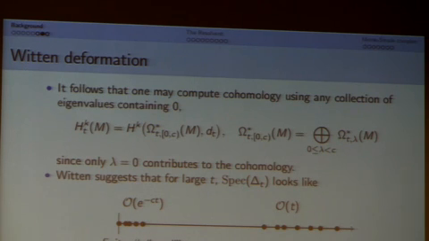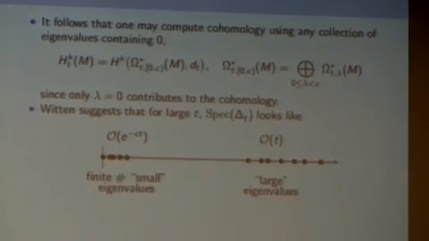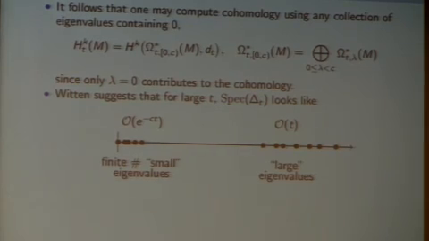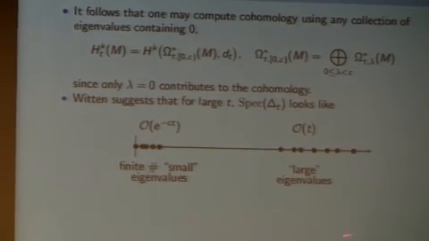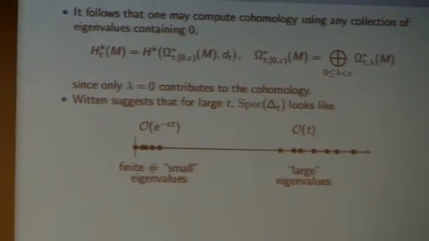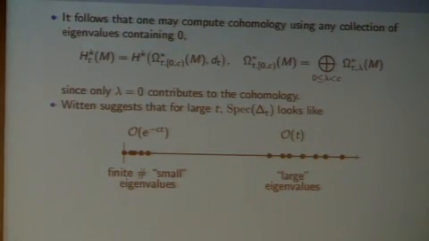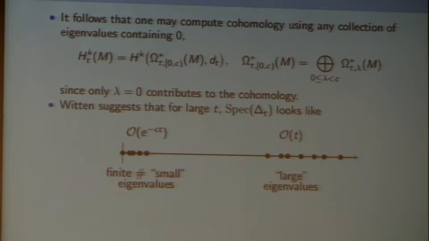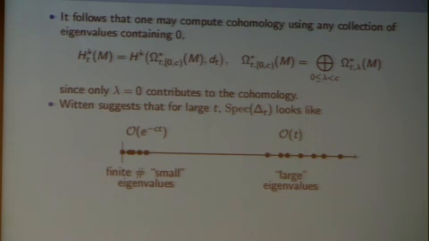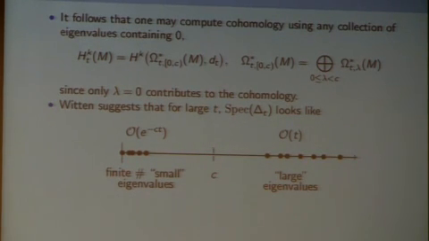And now Witten points out that for large t, the spectrum does something very interesting. It splits into a large part, which we're going to call large eigenvalues, which are going off to infinity asymptotically in t. And then there's a finite number of small eigenvalues which are approaching 0, in fact exponentially fast. So in particular, for large enough t, there's a gap that forms here, and I can pick a constant that lies inside this gap.